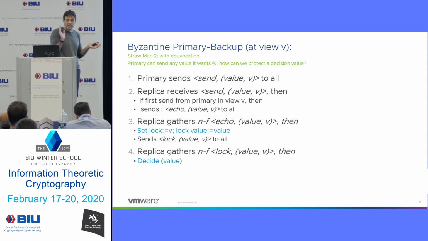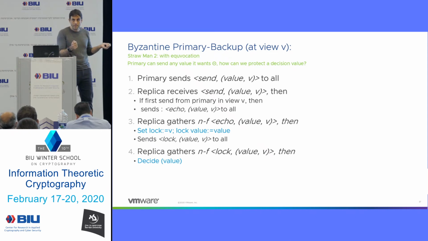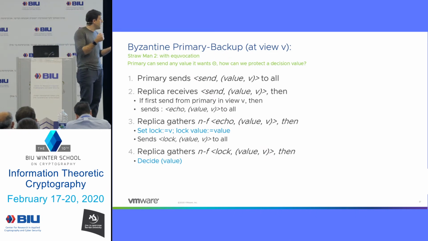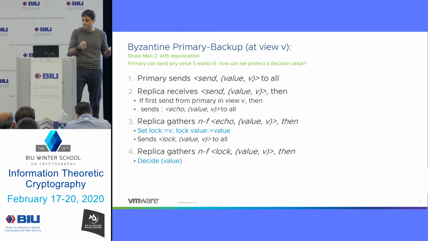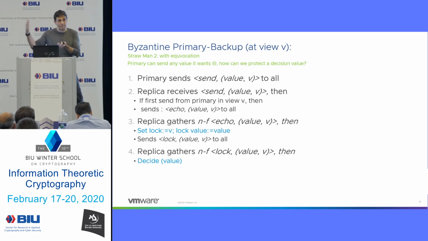So it can't be that in the same view, two different honest replicas see two different locks, because to see a lock you have to wait for n minus f echoes, and so this is exactly this non-equivocation. So we're forcing the primary to basically send a message such that if I see a lock here, everybody has the same consistent lock. That's exactly the same thing that we had in the omission failure model.